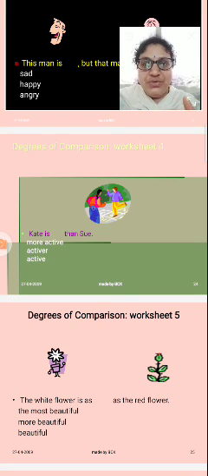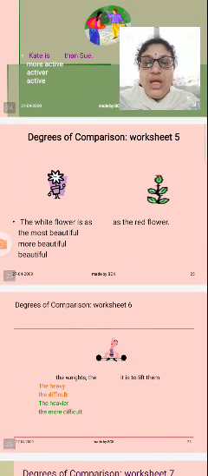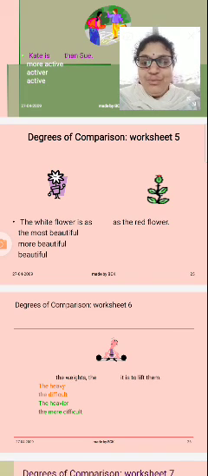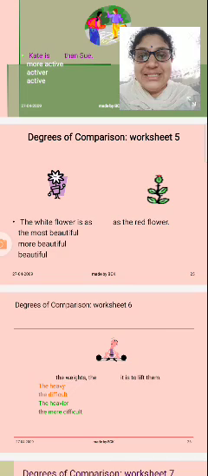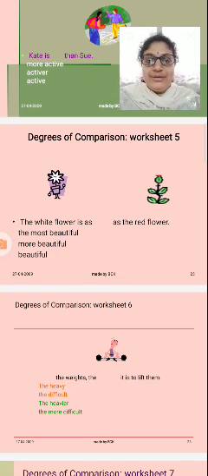Here the picture is showing us more active. Next one, the fifth one: the white flower is as dash as the red flower. The most beautiful, more beautiful, or beautiful? The white flower is as beautiful as the red flower, right?